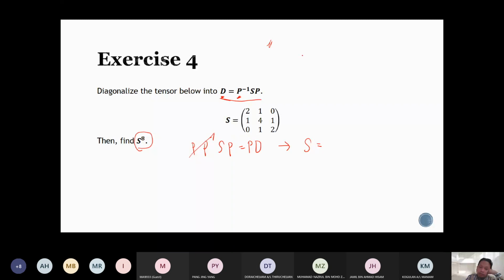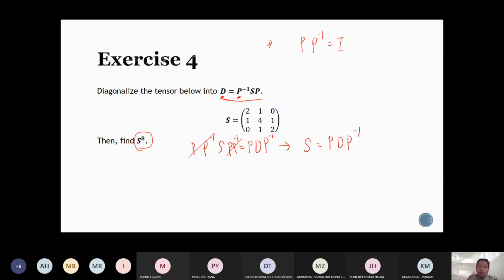P times P inverse, you get the identity matrix. For the other P here, you multiply by P inverse. When you multiply by P inverse here, you also multiply P inverse on D. So this one becomes identity. So S equals P D P inverse.